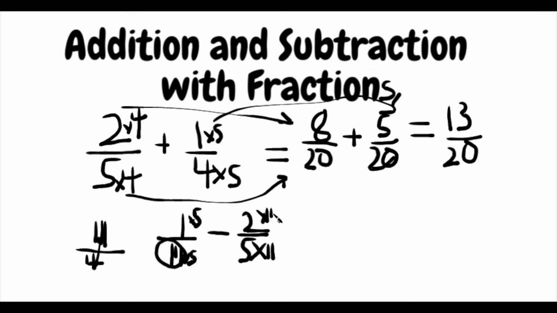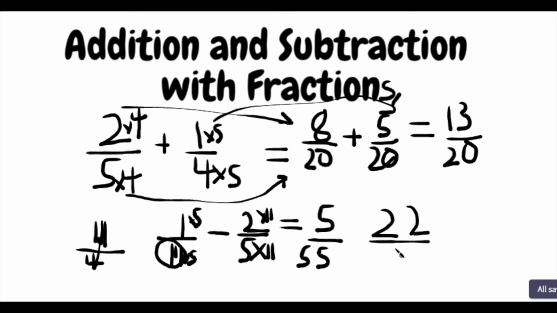Okay, and so now let's rewrite this. We've got 5 times 1 is going to be 5, and 5 times 11 is going to be 55. So we're really getting up there. And then we're going to do 2 times 11, which is 22, and down here we're going to have 55.